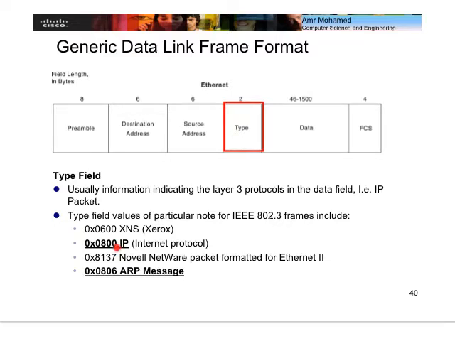If it has 0800 hexadecimal, then this refers to IP. 99% of the cases will have 0800 to indicate that I'm sending to the upper layer to the IP protocol. Or 0806, which refers to a protocol in the network layer called Address Resolution Protocol. We'll talk about that probably today or maybe next time.